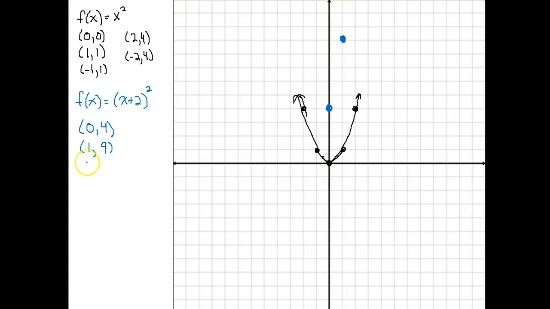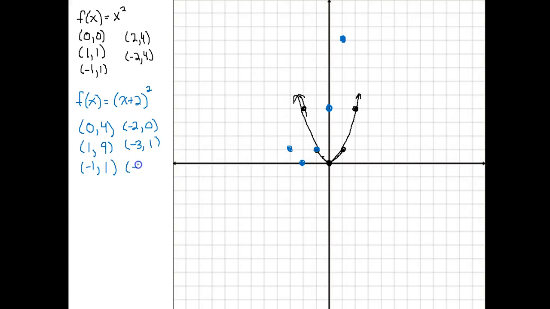Okay, so let me take values going towards the left. Let me take -1. -1 plus 2 is 1. 1 squared is 1. Let me take -2. -2 plus 2 is 0. 0 squared is 0. Take -3. -3 plus 2 is -1. Squared is 1.